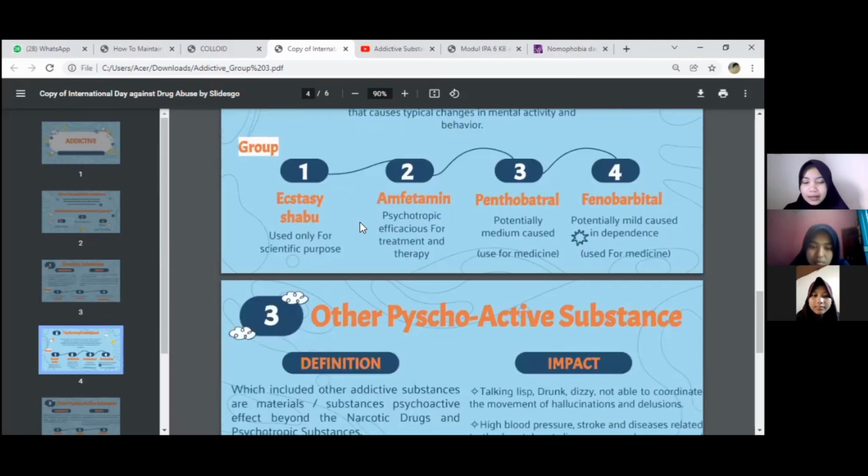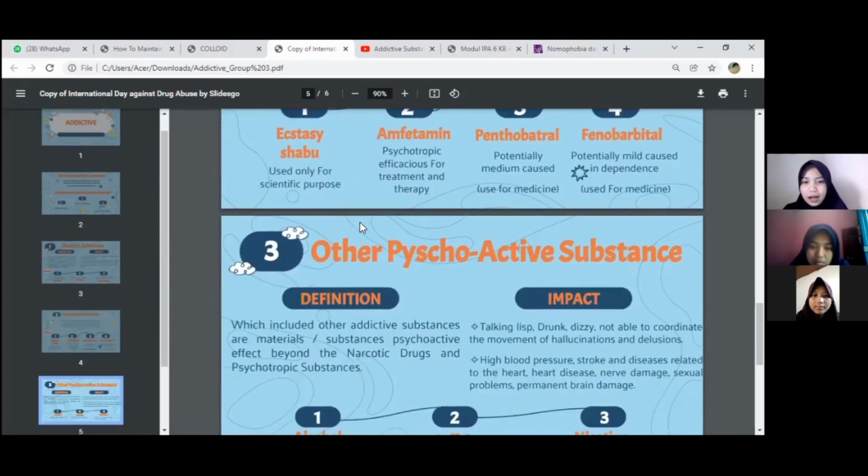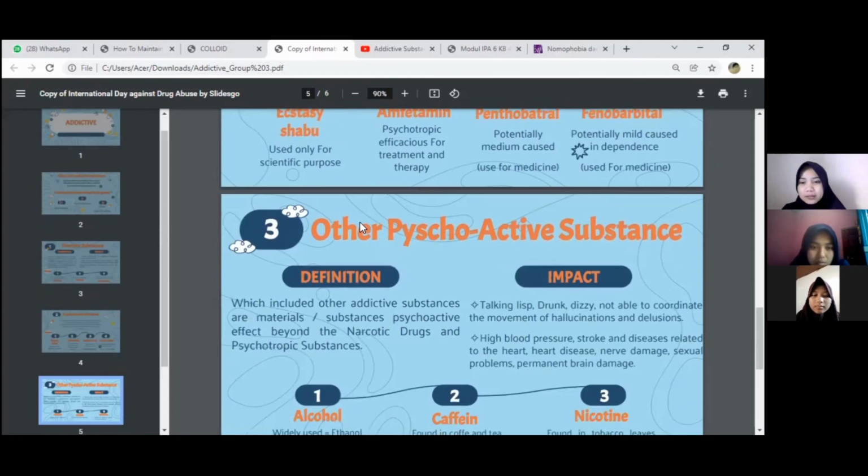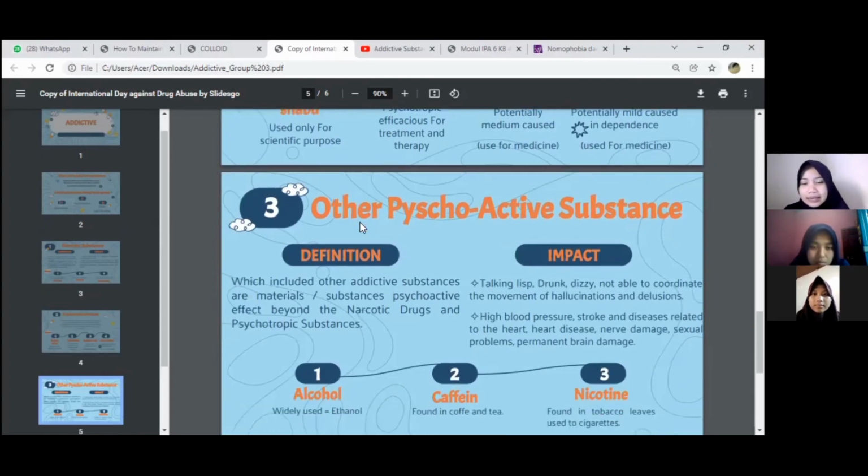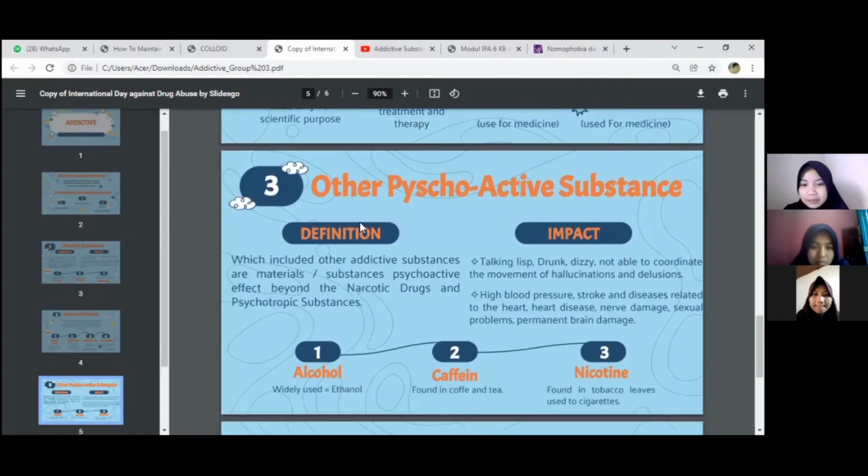And the last type of addictive is other psychoactive substance. Other psychoactive substances include other addictive substances, materials or substances with psychoactive effect beyond the narcotic drugs and psychotropic substances. The impacts are slurred speech, drunkenness, dizziness, hallucination, and others. And psychoactive substances can lead to high blood pressure, stroke, and heart diseases.